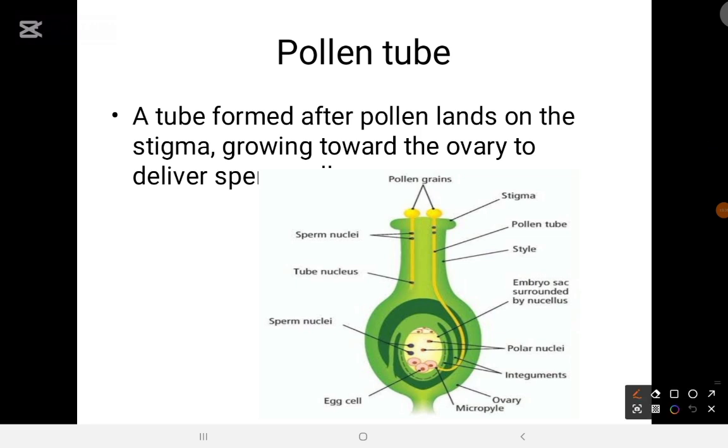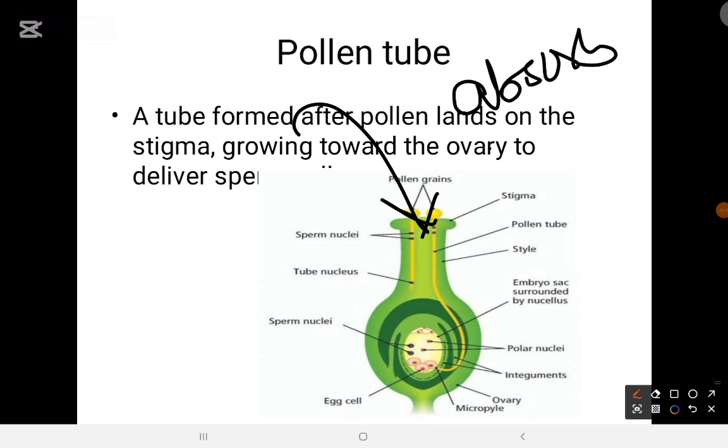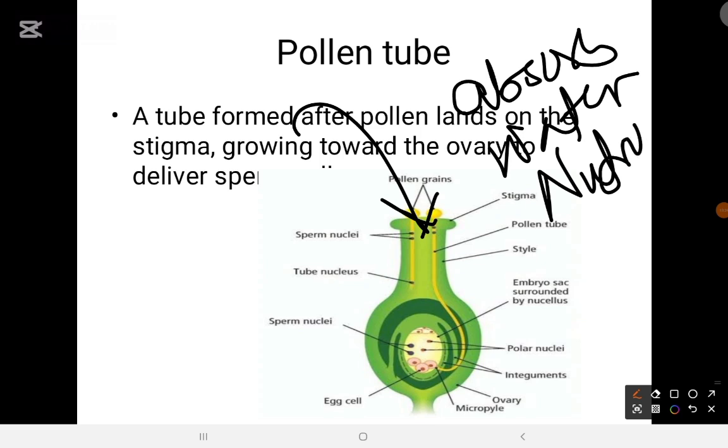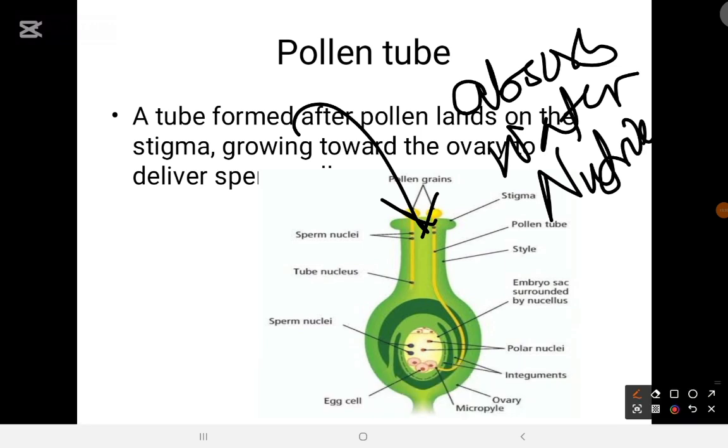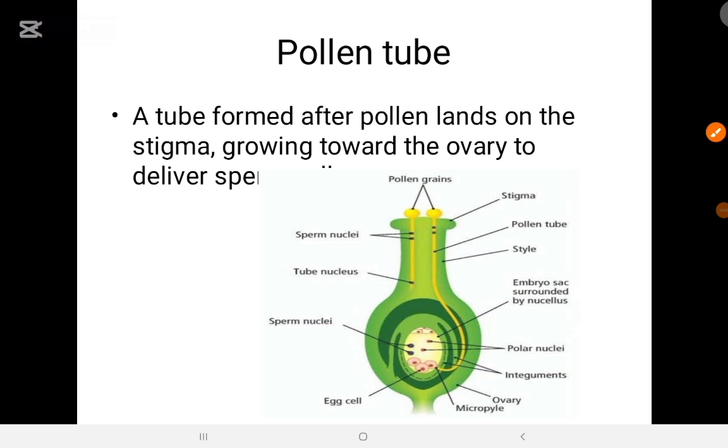What happens is that once the pollen grain lands on the stigma, it begins to absorb water and nutrients. By the time it has absorbed water and nutrients, it is able to begin to germinate towards the ovule. It enters the ovule through what we call the micropyle. We're going to see all of that.